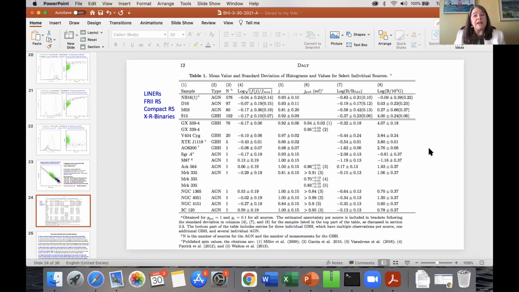And there, the agreement in the spin values is excellent. We're coming in with exactly the same spin values. Well, very, very similar. Definitely within uncertainties. And so I'm going to be starting to look at that. And that will probably spill over into the continuum method applied to stellar mass black hole systems. Thank you. Sure.